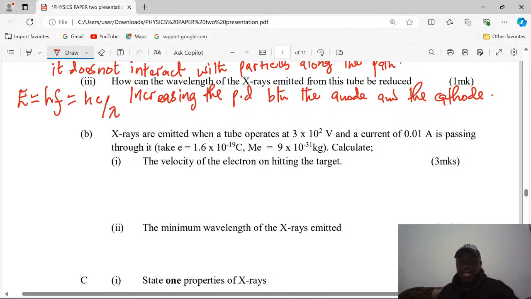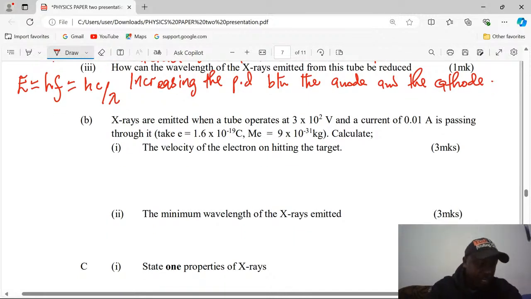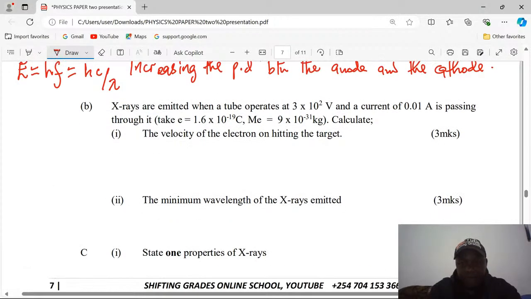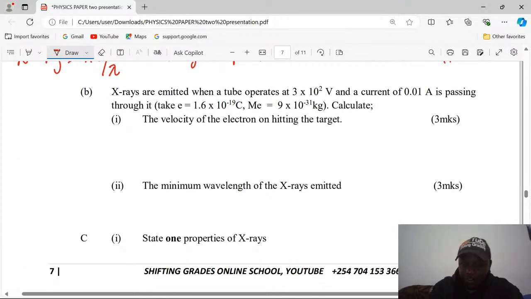So if we are accelerating electrons using a potential difference of 300 volts, then the energy EV is also equal to the kinetic energy. The total energy required to make an electron move is also the energy which will be possessed by such an electron.